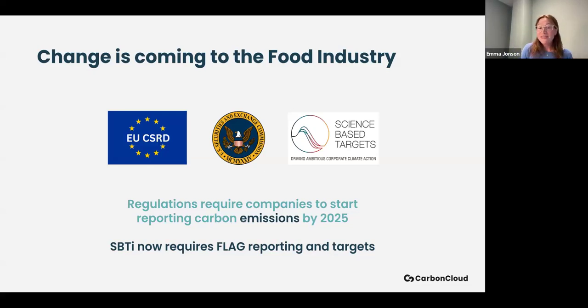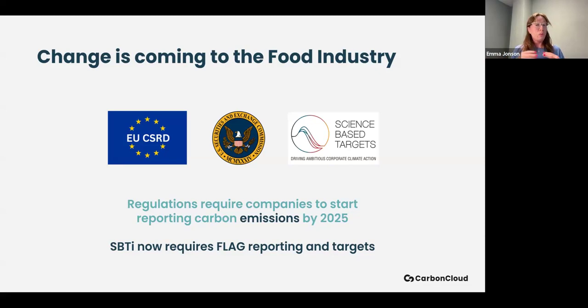But what we have seen is that this is also causing a lot of questions and concerns sometimes because it is quite complex. It can be hard sometimes to keep track of what data to collect, how to integrate it into your calculations.